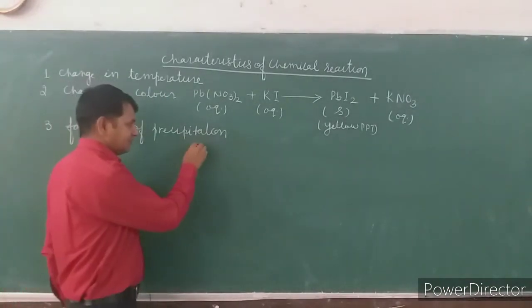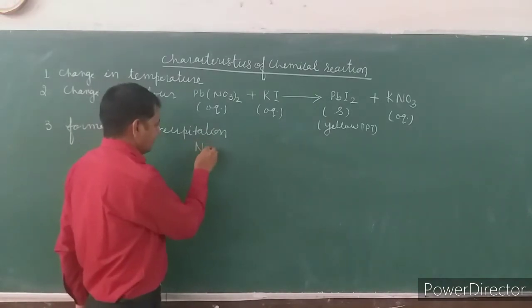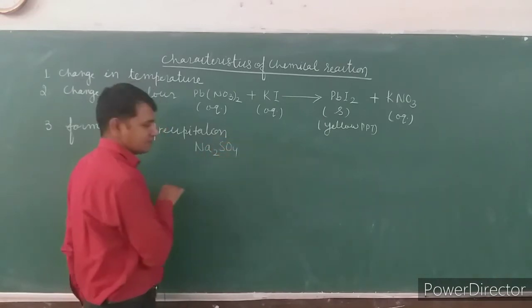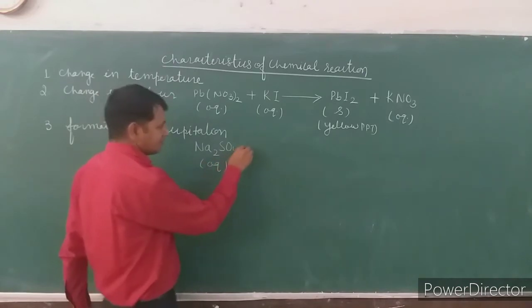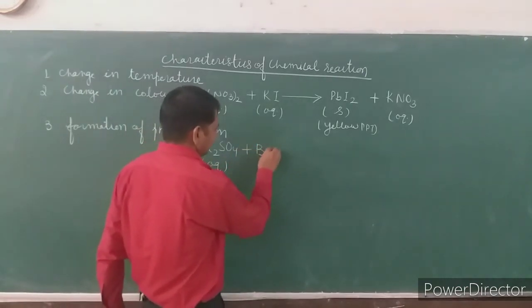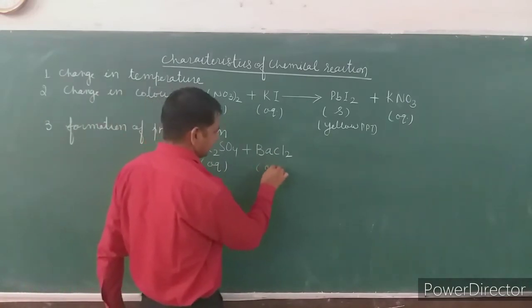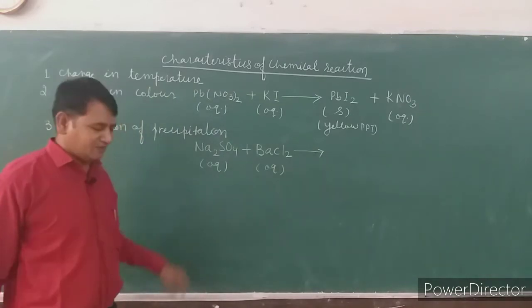This reaction can be written in the form of a chemical equation. We have used sodium sulfate, the formula of which is Na2SO4, present in aqueous form and colorless, and the other solution, barium chloride, is also colorless and in aqueous state. An arrow sign expresses the chemical reaction.